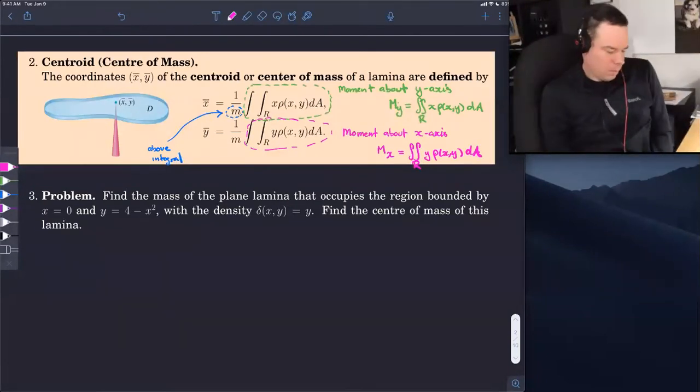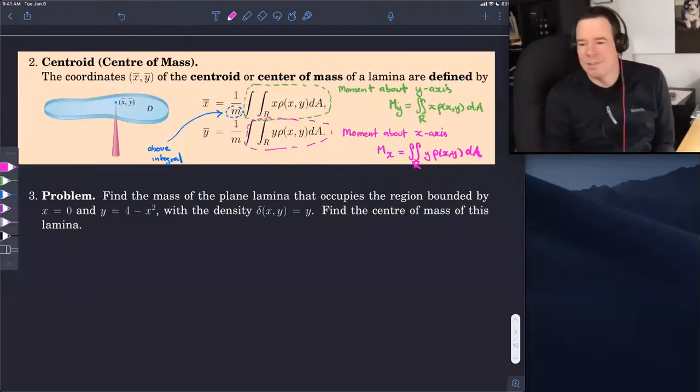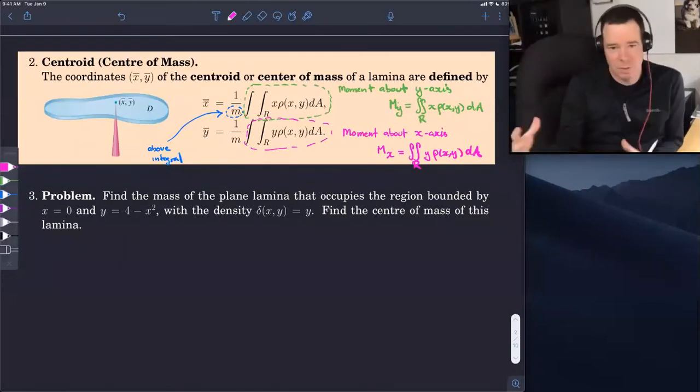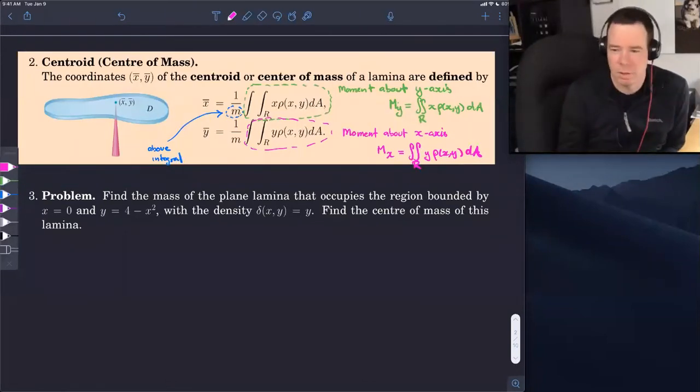So these moments, in some sense, are a measure of the tendency this object has to spin or rotate about the y-axis or the x-axis. If we think about the moment about the y-axis, what's the tendency this object has to rotate about the y-axis, given how its mass has been distributed across it?